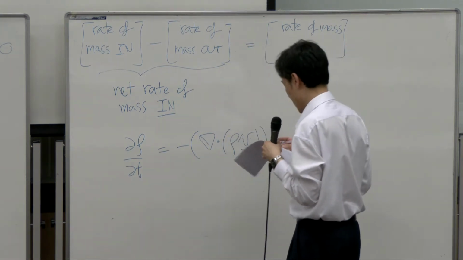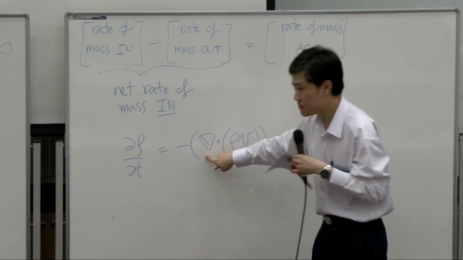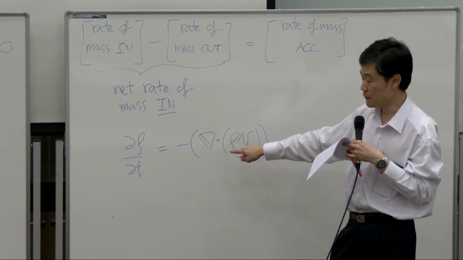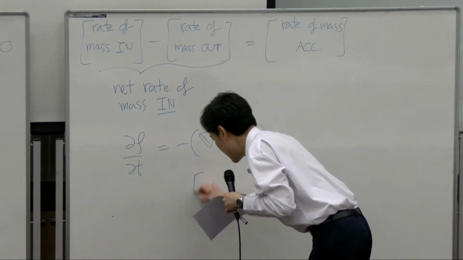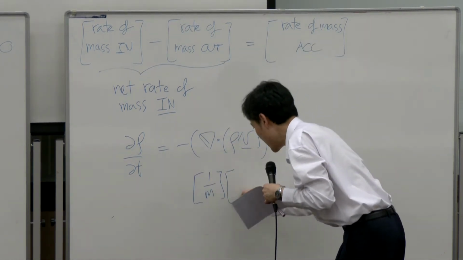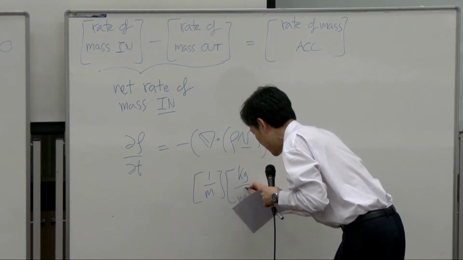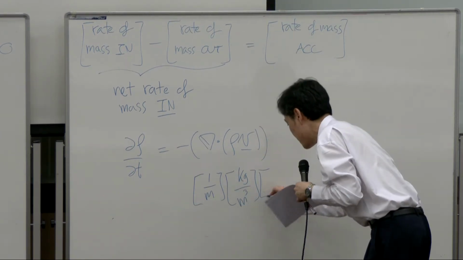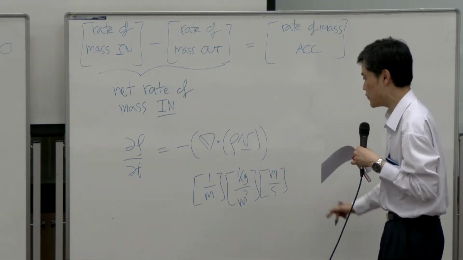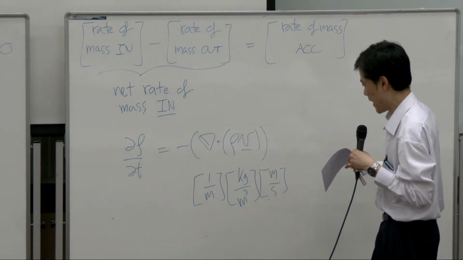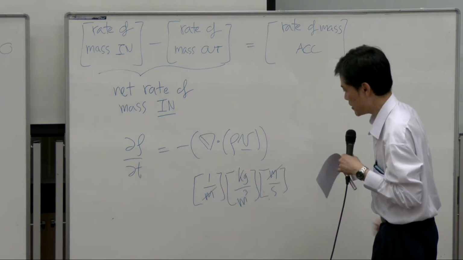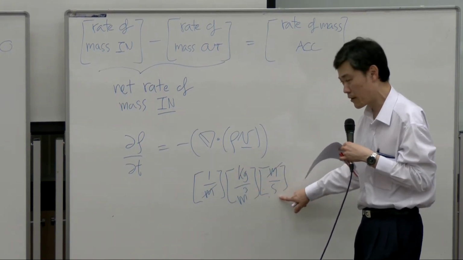If we check the units, del is the differentiation with respect to x, y, and z, or differentiation with respect to position. So del has units of 1 over meter. Rho is kilogram per cubic meter, and v is meter per second. This meter and this meter cancel out, so it is basically kilogram per cubic meter per second.